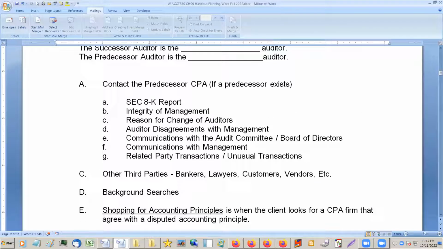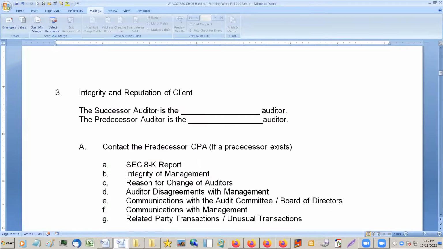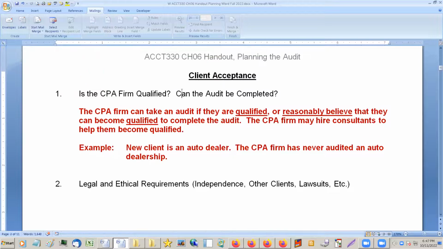All right, I don't think I have it in here. This is really two different things. Can the audit be completed?